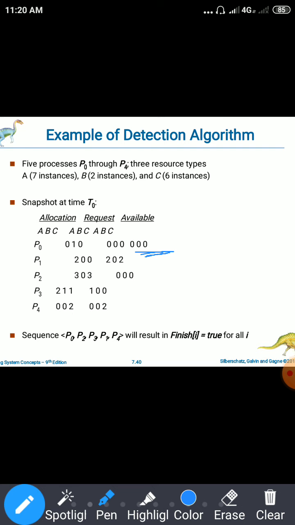Then this makes P0 move into the wait state. Then P0 will never release the resources. P3 will complete, but once it releases the resources, other processes cannot complete the execution. Then we say that the system will move into the deadlock situation.